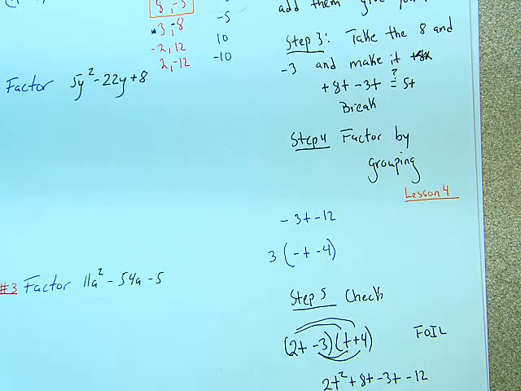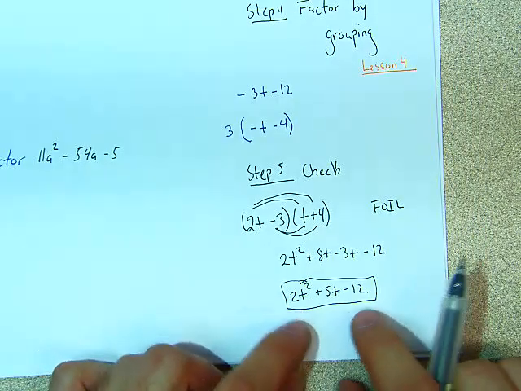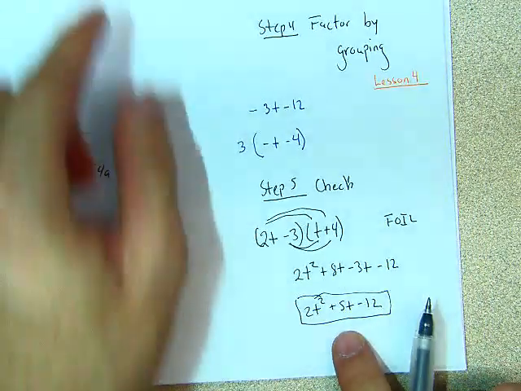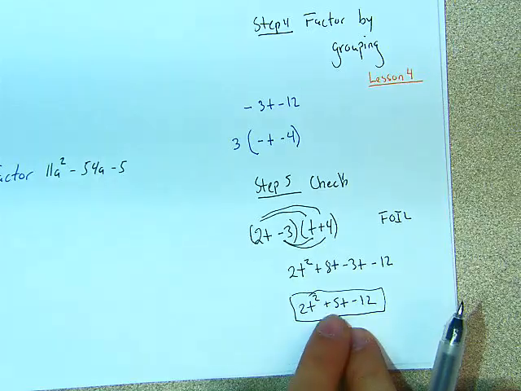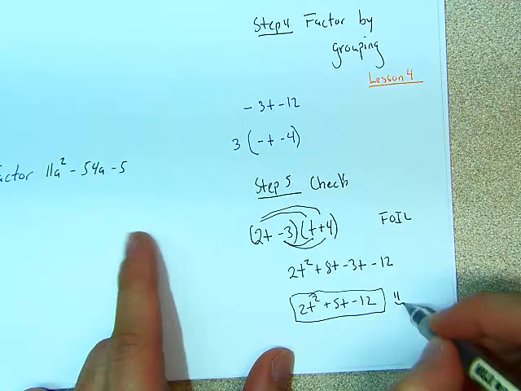You combine them together, 2t squared is here. Positive 8t minus 3t is positive 5t minus 12. And this, oh god, you can't even see it, my bad. This is equal to that. So we did it. Happy face. We did it.